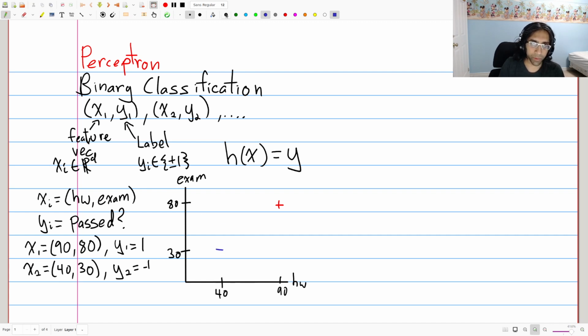And let's say someone else, how do they do? x3, let's say, is equal to 50 and 40. And this could go either way depending on how the weighting in the class goes, but let's just say that here this is going to be a fail as well. So something like this.